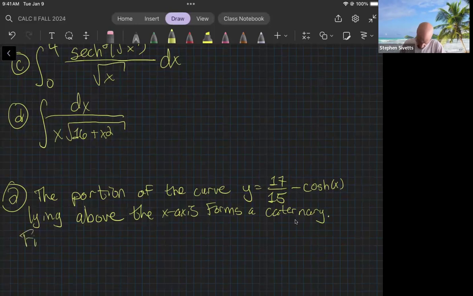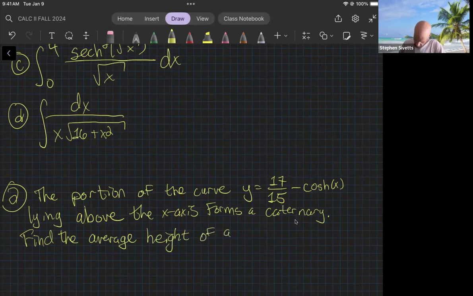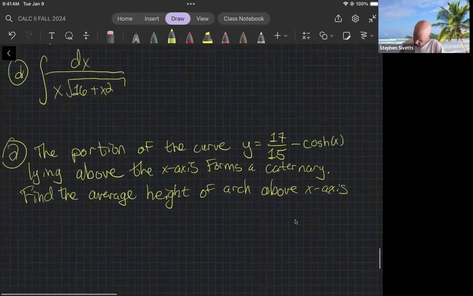And I want you to find the average height of the arch above the x-axis.